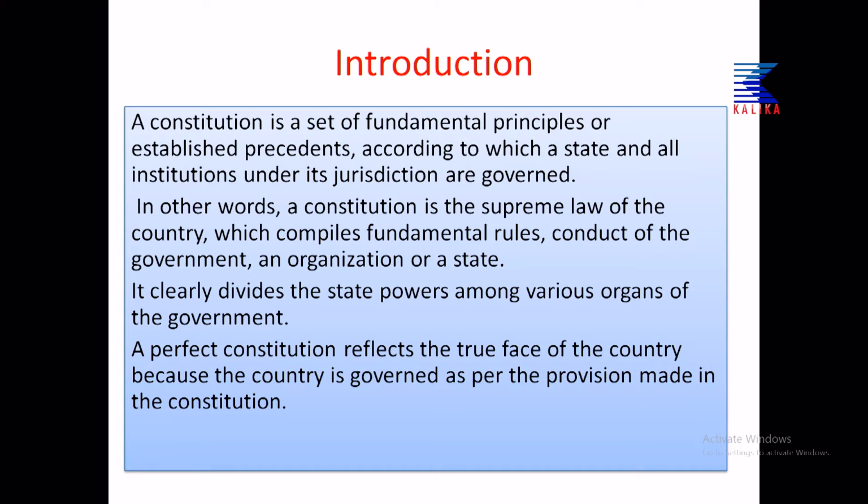Similarly, we can also say the constitution is the supreme law, the main law of the country, which compiles the rules for the conduct of the government and the state, or the combination of fundamental rules and regulations on the conduct of the government, etc. Similarly, the constitution clearly divides the state power among the various organs of the government.